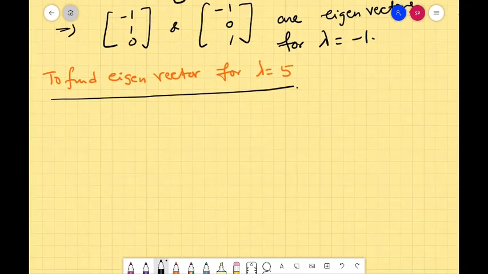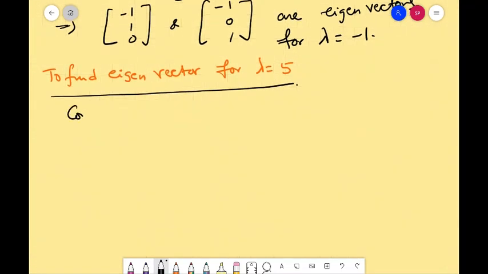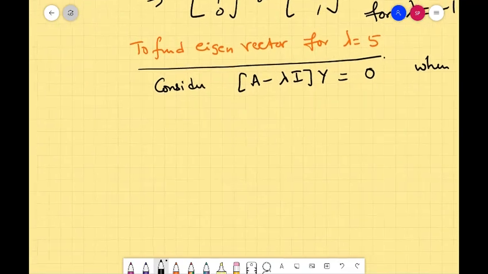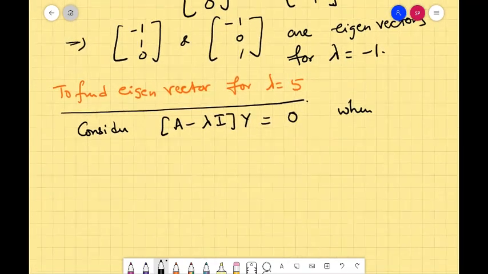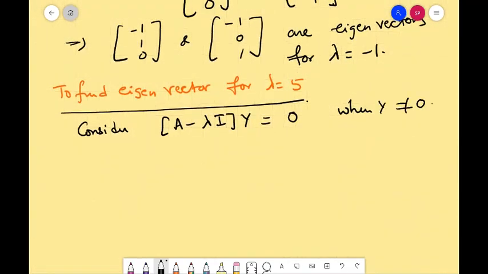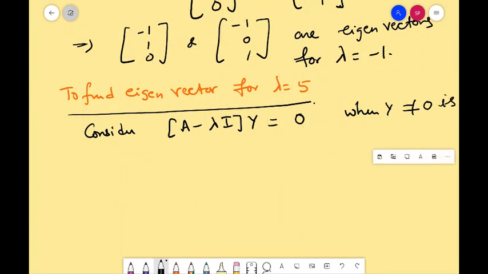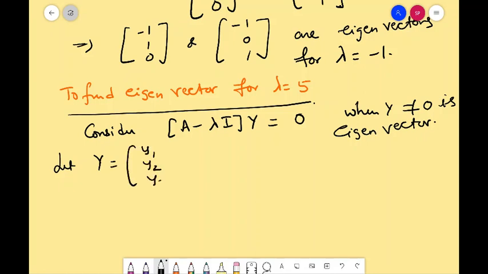The same procedure: consider (A minus lambda I) y is equal to 0, where y not equal to 0 is the eigenvector. So let y is equal to (y1, y2, y3).